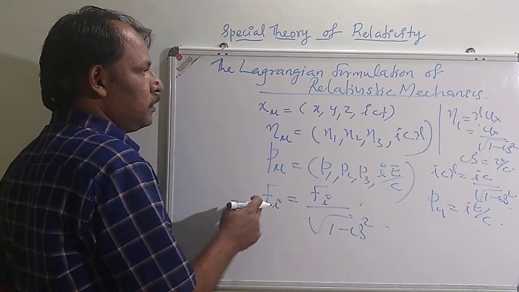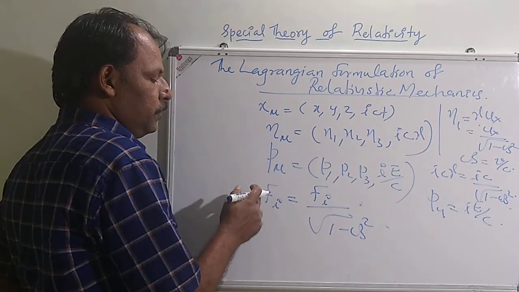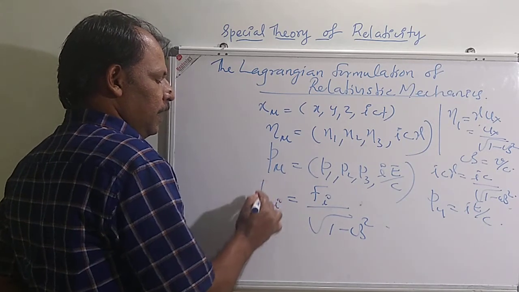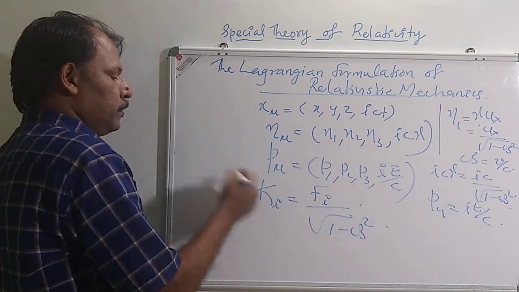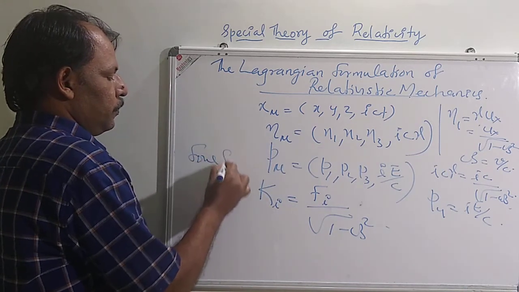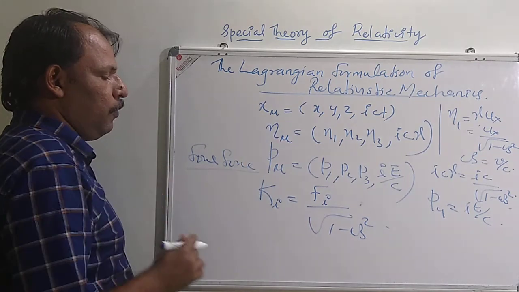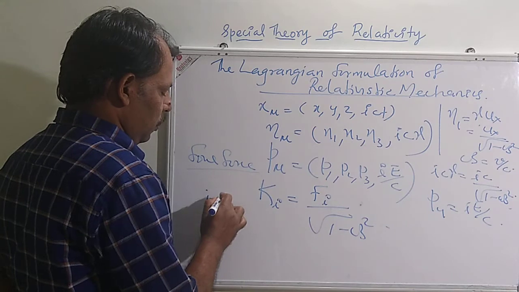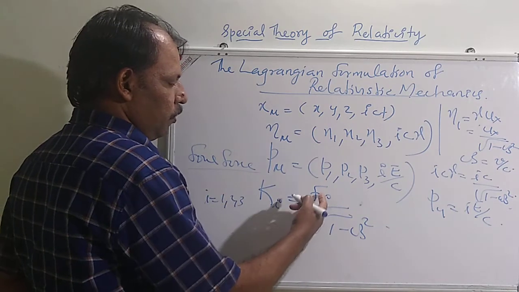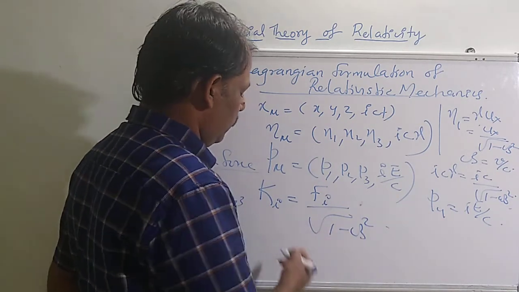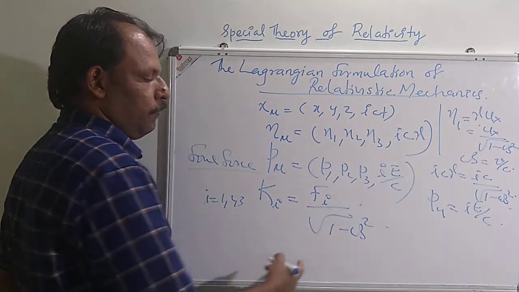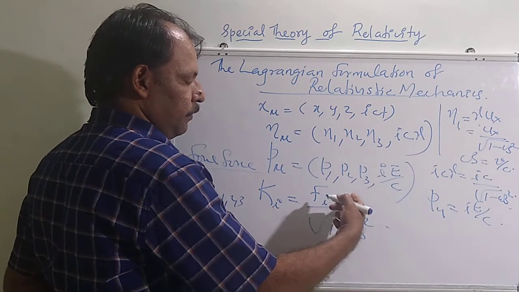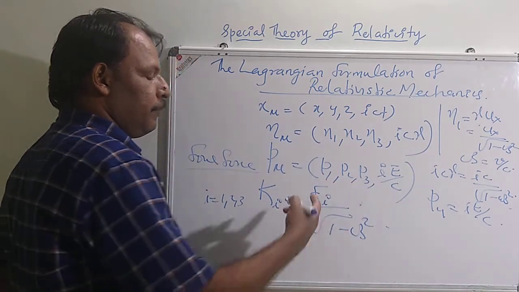This is actually the four force, and we can use some other symbol, so I am giving K for the four force. So the force in four vector form we can represent as Ki, where i equals 1, 2, 3. K1 equal to F1 by root of 1 minus beta square. K2 equal to F2 by root of 1 minus beta square. K3 equal to F3 by root of 1 minus beta square. F1 is Fx, F2 is Fy, F3 is Fz.